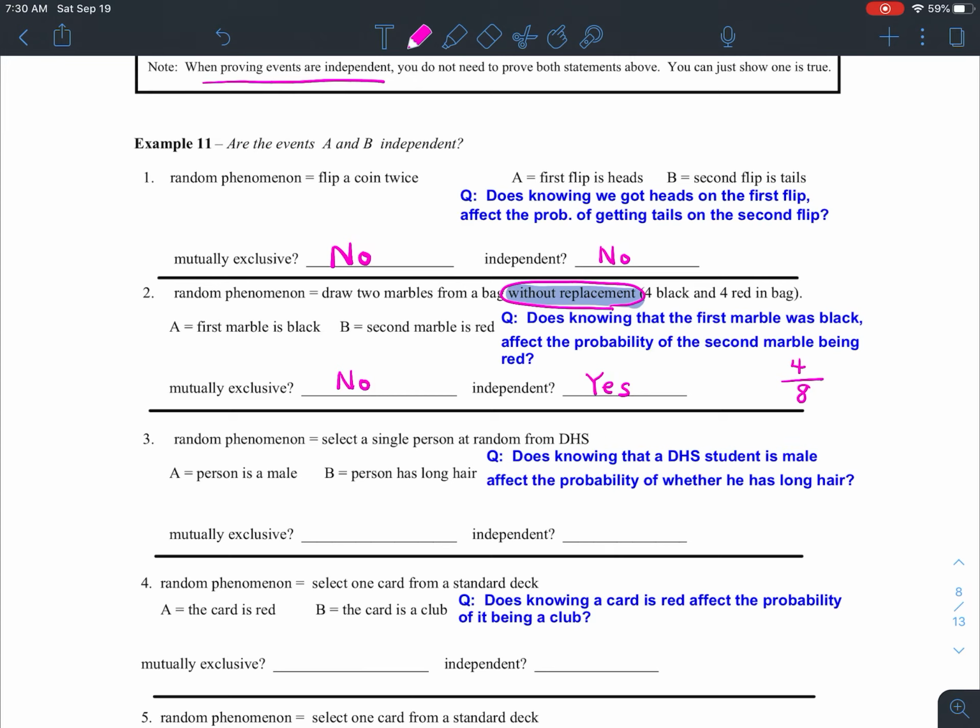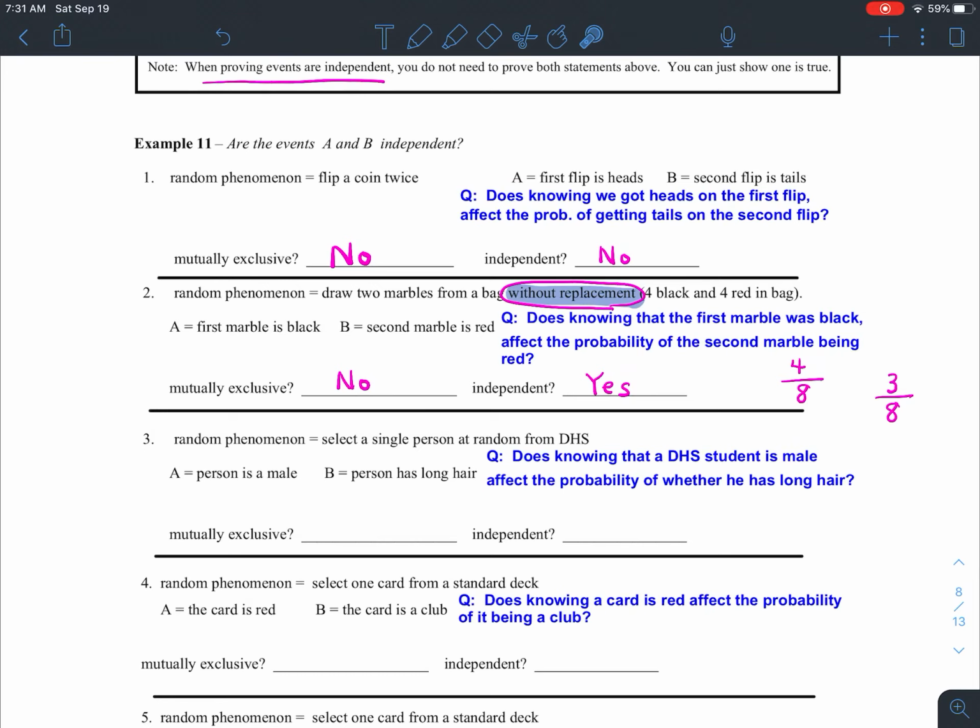Okay, so if we pull out the first marble being black and it wasn't red, well, then we still have 4 red marbles left in the bag. If you told me that that first marble was red, well, now that's going to change my likelihood of the second marble being red. So it definitely impacts what that first marble is to say what the probability would be of your second marble being red.